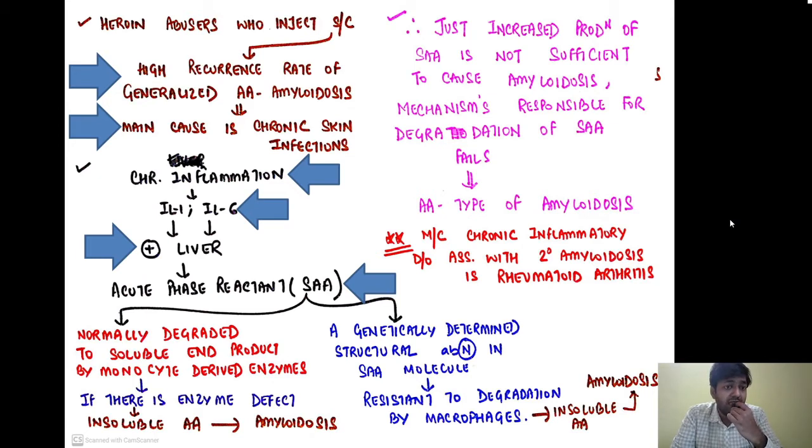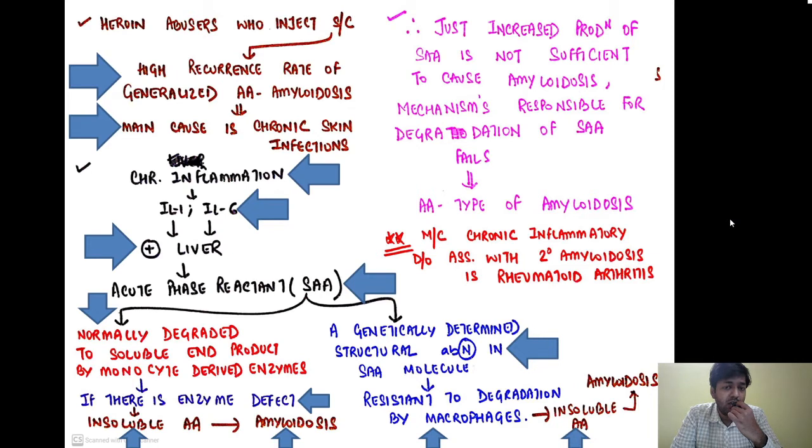Remember that normally this acute phase reactant, SAA, is degraded to soluble end products by monocyte derived enzymes. If there is any defect in this enzyme system, then this SAA becomes insoluble and deposits in the tissues in the extracellular space, causing amyloidosis. Secondly, because of a genetically determined structural abnormality in the SAA molecule, it becomes resistant to degradation by macrophages.